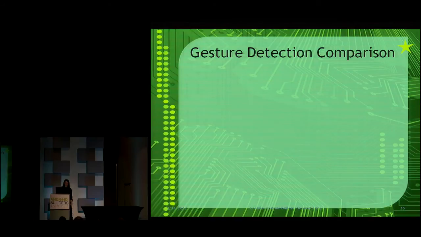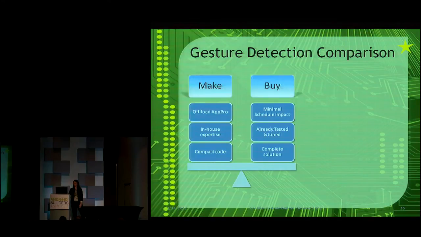Okay, so let's summarize that. Gesture detection. You can make or buy it. If you make it, you're offloading your application processor and pushing it down into some cheaper processing power. You're going to expand your in-house expertise in this area, and you might end up with more compact code.